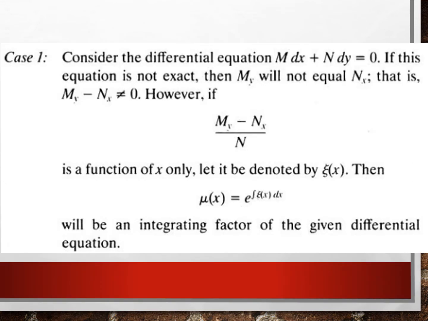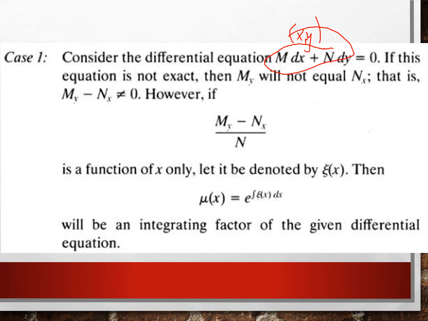So there are two cases that need to be tried in order to find the solution and make the differential equation exact. Case 1: consider the differential equation M dx plus N dy, both functions of x and y, equals 0.